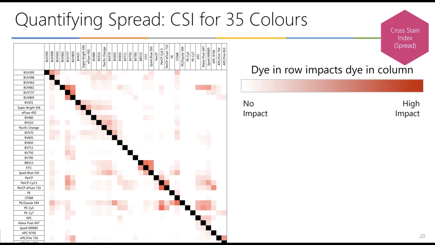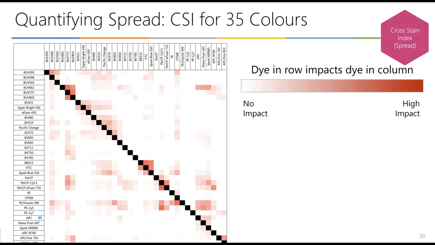So to read these tables, you're going to look at how the spread from the fluor in the row impacts the resolution of the fluorochrome in the column. Red means the fluor in the row has significant spread into the dye in the column, and areas in bright pink and red indicate pairs for which more attention to panel design is needed.